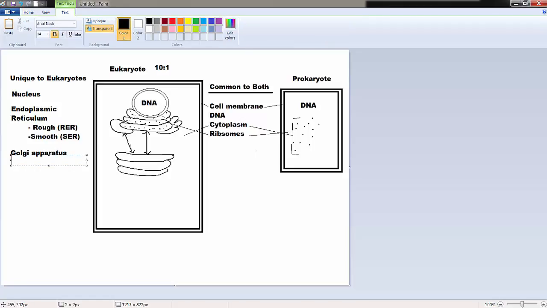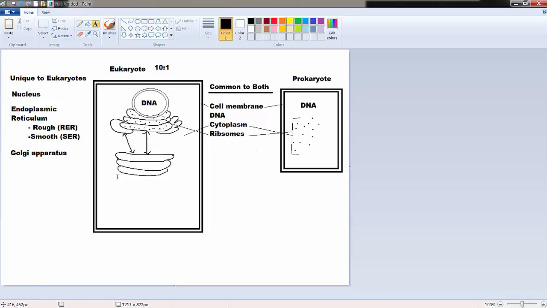So all of these so far are really separate membranes within the cell. You've got the membrane around the DNA, and then these here are examples of organelles. So that's an organelle. Rough endoplasmic reticulum, that's an organelle. Smooth endoplasmic reticulum, that's an organelle. Golgi apparatus, that's an organelle.